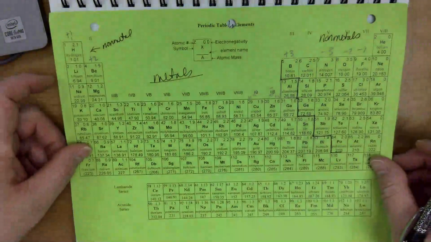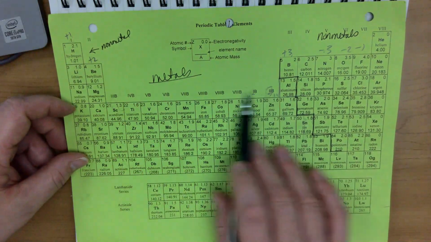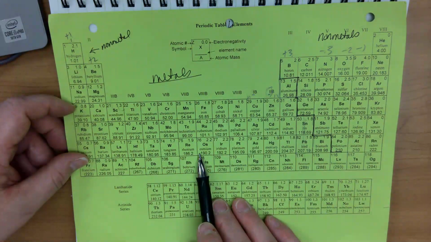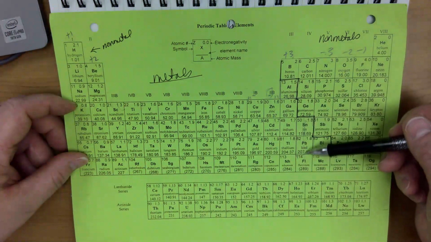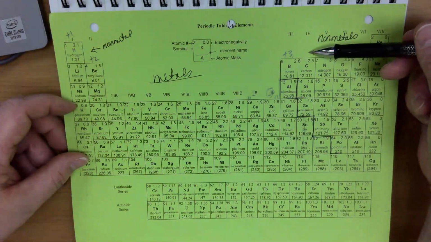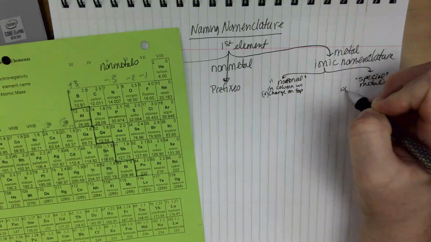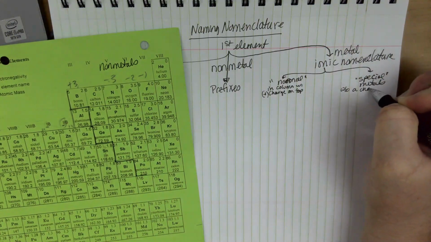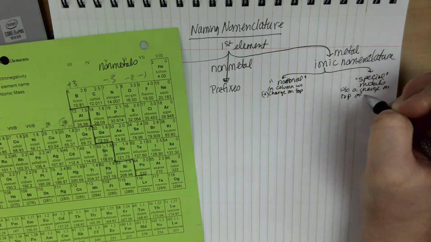So if the normal metals are the ones with the charges on top, then our special metals are these ones here in the D block, the transition elements, and also here the metals, tin and lead. In column 4, you'll notice there's no charge here. So I like to say that the special metals are the ones without a charge on top of the column.